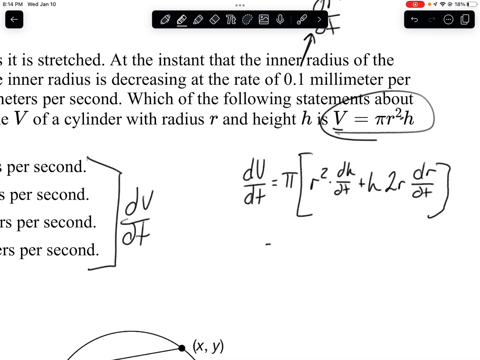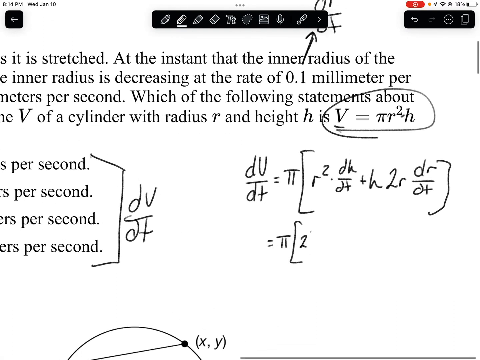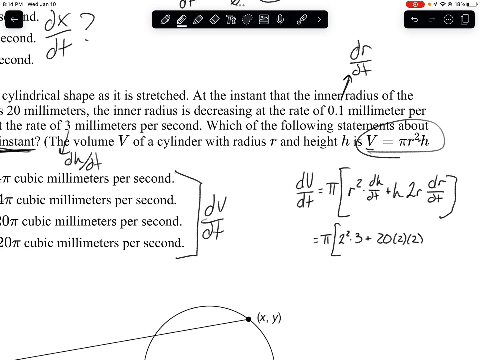I have all of these numbers. I'm going to have pi. The radius was 2, I believe. So 2 squared. I remember dh/dt was 3. My height is 20. There's a 2 there. There's a radius of 2. And then let's just pay attention to the fact that we're decreasing. That means we're going to be negative. So negative 0.1.